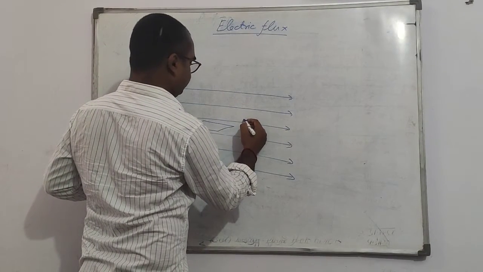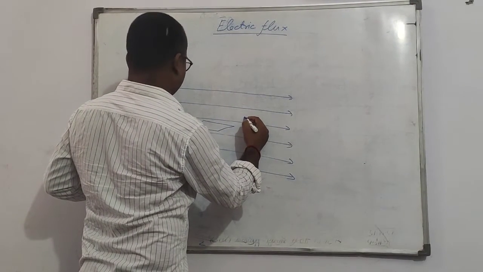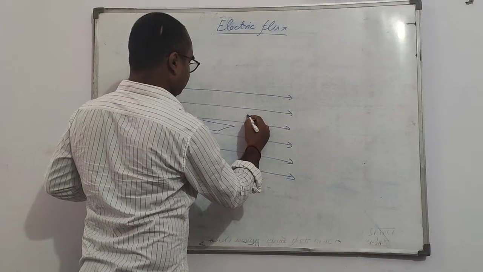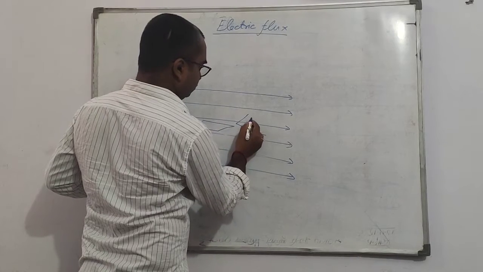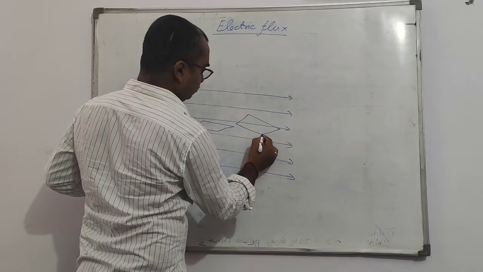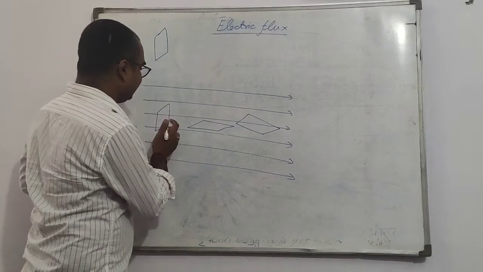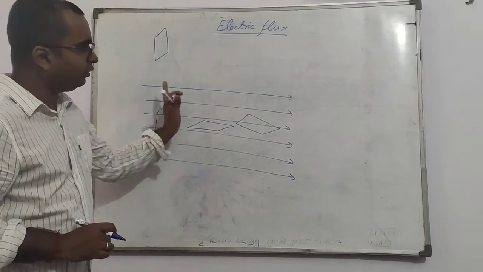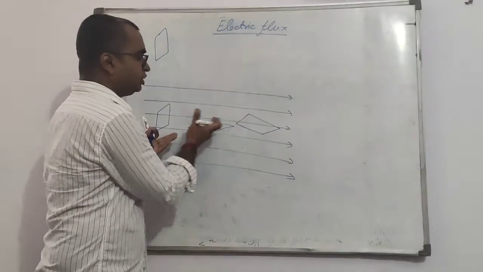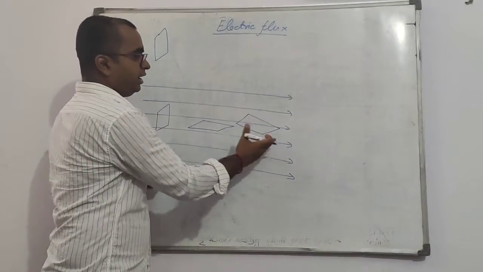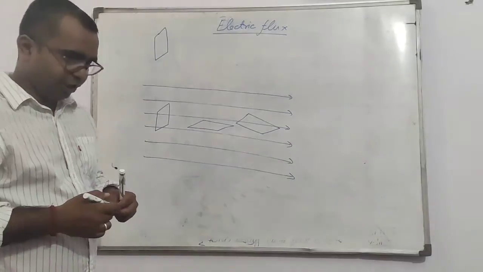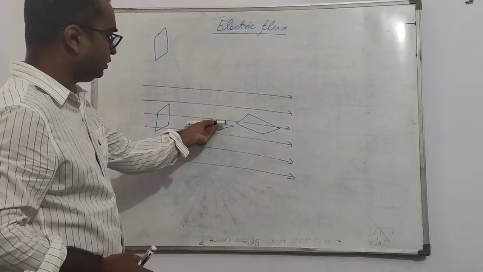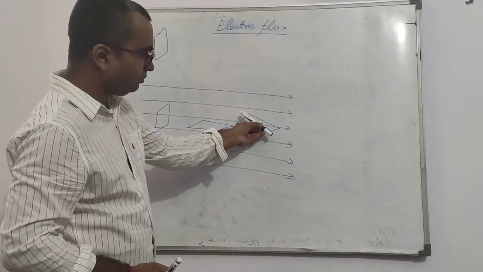Here it is perpendicular to the field lines, here it is horizontal, and here it has some angle, some inclination.